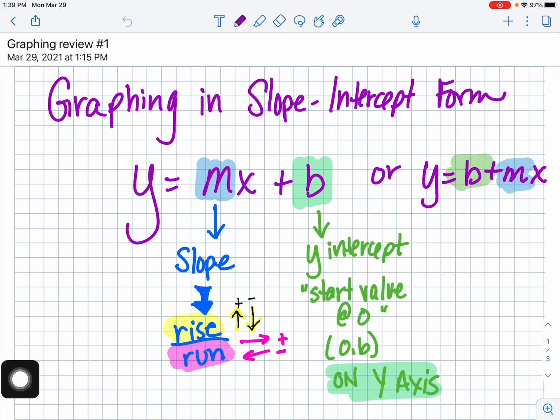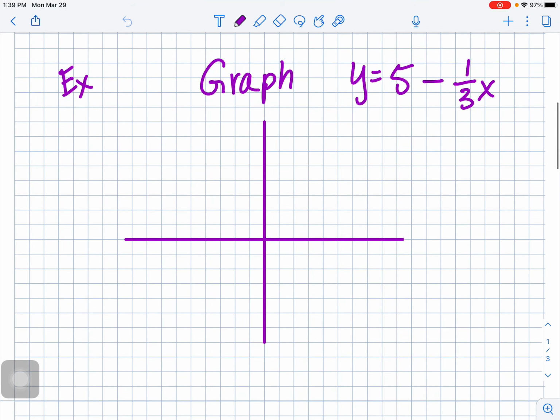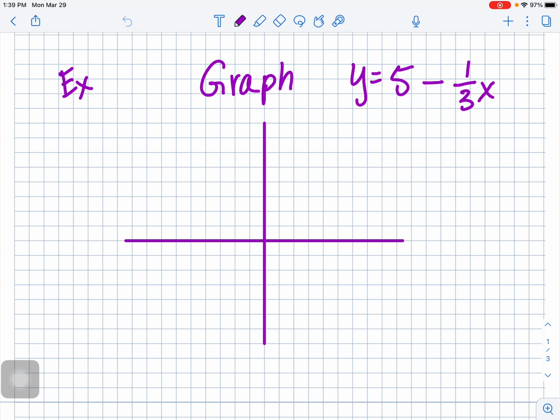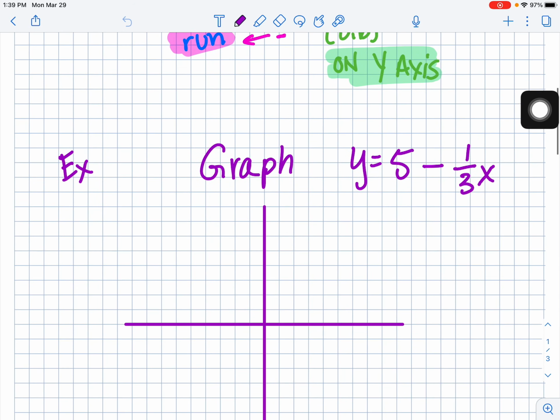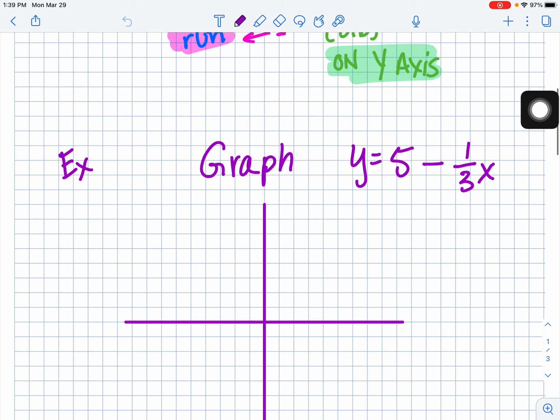The examples below are already set up in slope-intercept form. This one gives us the equation y equals 5 minus 1/3 x. The first thing we want to do is decide which one is the slope and which one is the y-intercept.